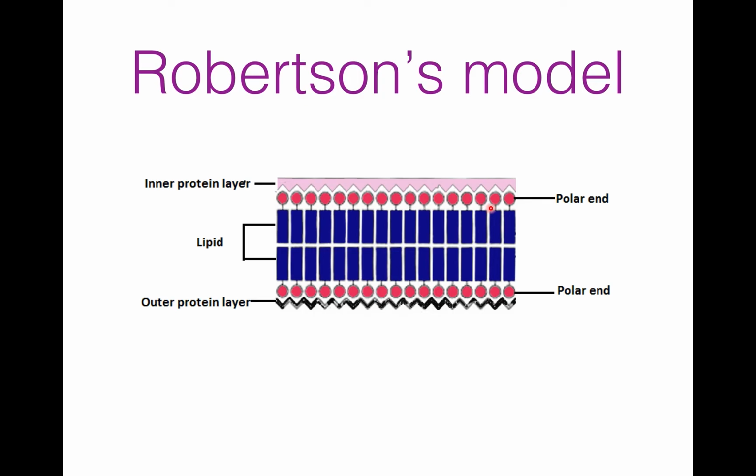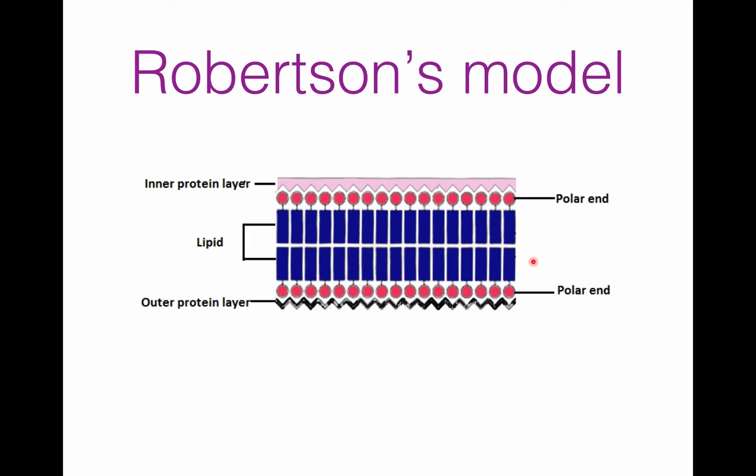Here, each phospholipid is a bipolar molecule with a hydrophilic head of glycerol and hydrophobic tail of two fatty acid chains. Heads of phospholipid molecules are directed in opposite directions, while tails of two layers face each other. Average thickness of this membrane is 75 to 100 angstrom, in which each, that is inner and outer protein layer, is 20 to 30 angstrom, while the phospholipid bilayer is 35 to 40 angstrom.